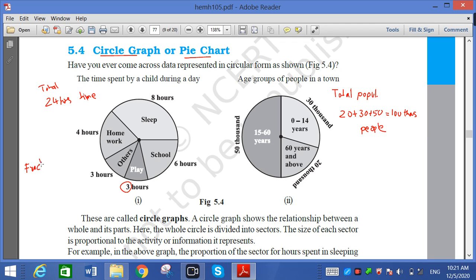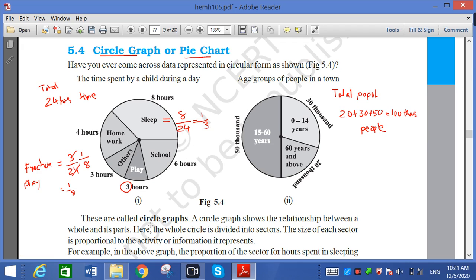We write 3 upon 24, that is 1 upon 8. Someone asks how many hours you are sleeping. Say approximately 8 hours. So for sleeping we write 8 upon 24, that is 1 upon 3.